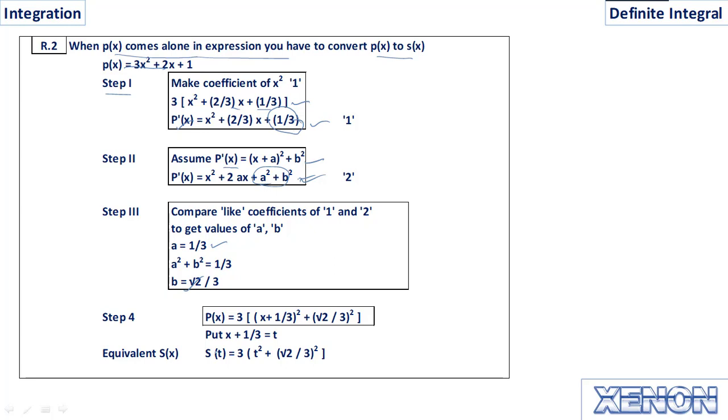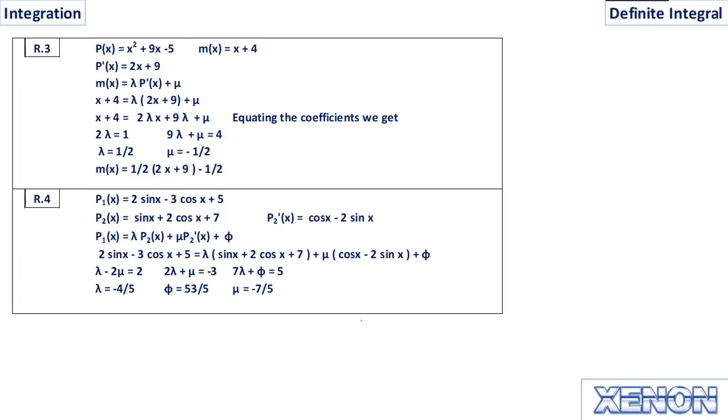Then our equation h of t becomes 3 into (t square plus (square root of 2 upon 3) whole square). This is in the form of a x square plus b, right? Here b is a constant.